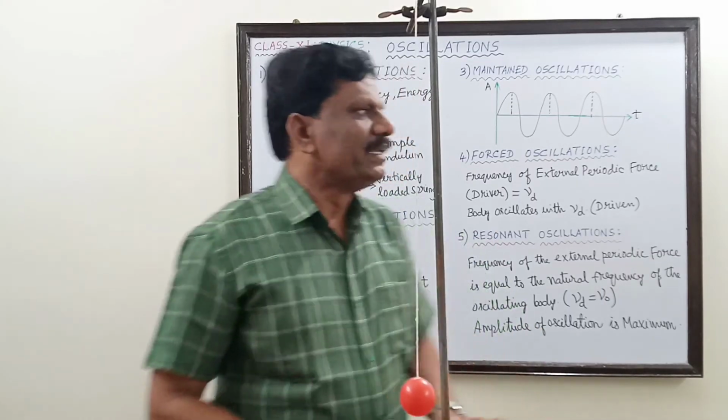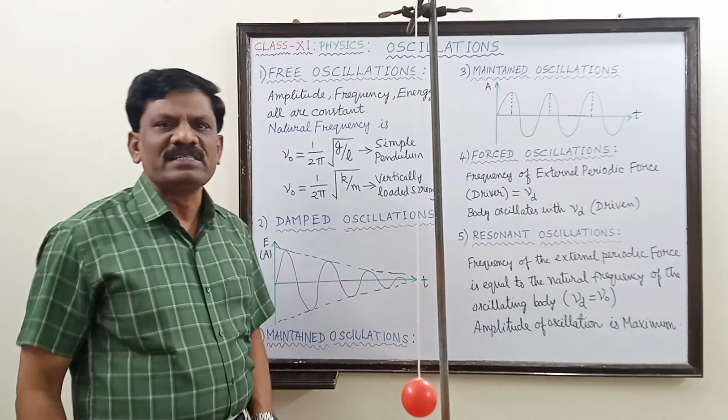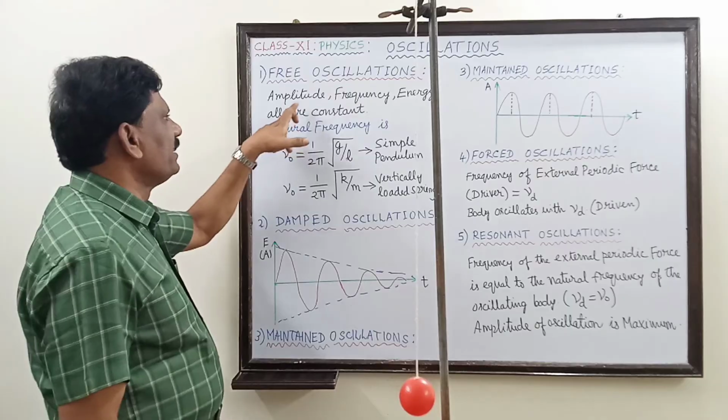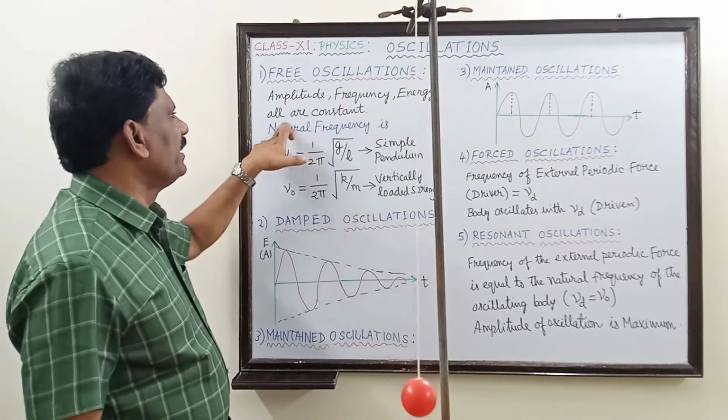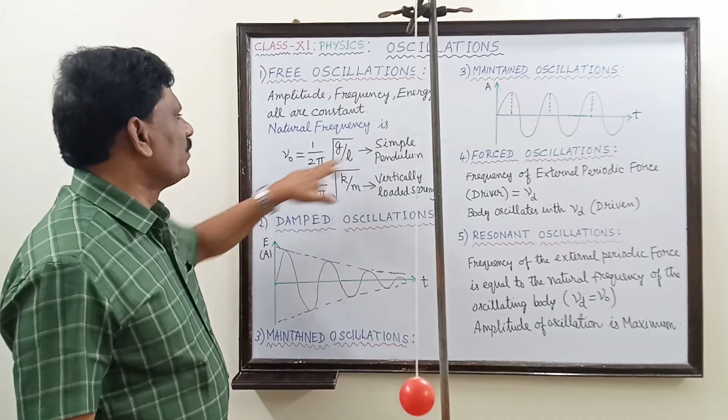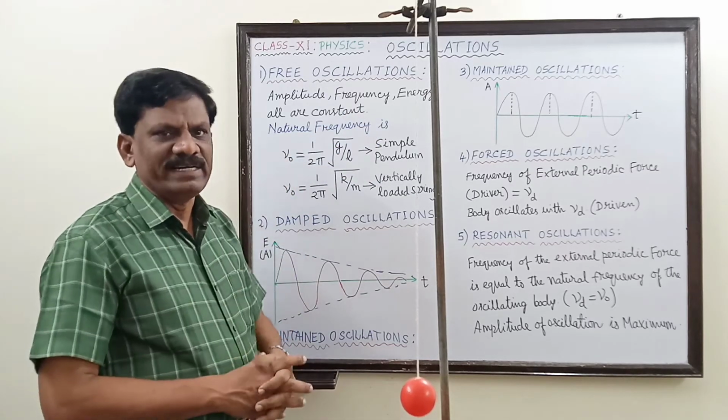So my dear students, what are the different types of oscillations we have studied? First one is free oscillations. In free oscillations, the amplitude, frequency and energy are all constant. And the natural frequency depends on the geometry of the oscillating system.